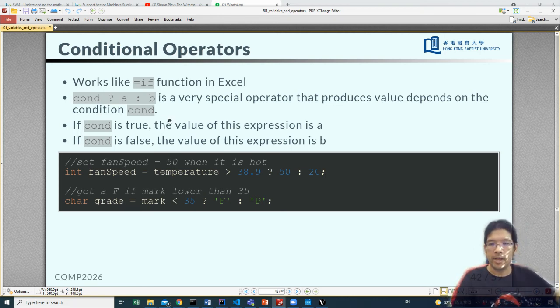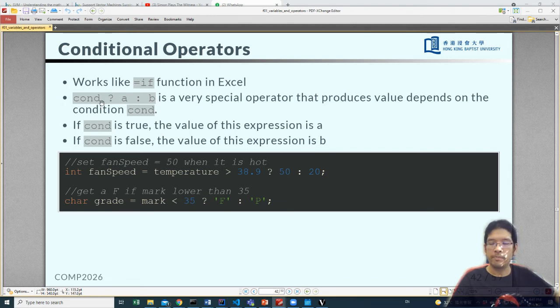Usually we will have a relational operator in this part, and then we will have a question mark followed by a value and a colon followed by another value. Now what does that mean? That means if the condition is true, we will take the value of A. Otherwise, we will take the value of B.